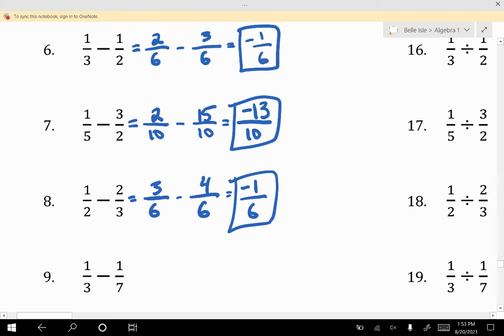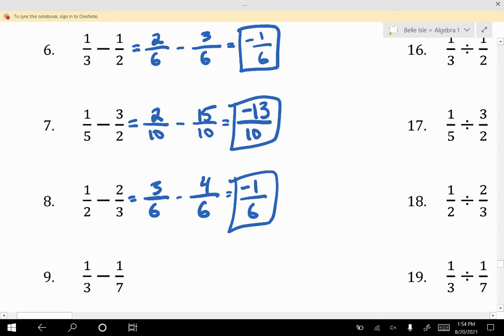Okay, so if you've checked yours and you feel comfortable with it, go ahead and hop over to 11 through 14. Wait, how did you get 4?